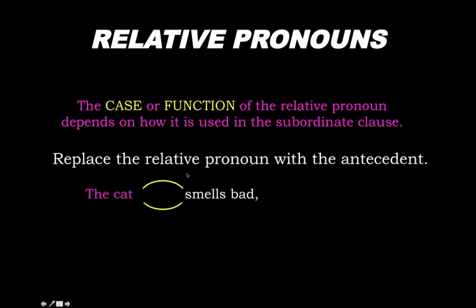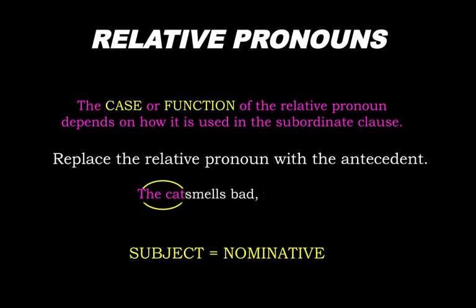So I'm going to take the cat, plug it in for which, and I have the cat smells bad. Well, once I replace which with the cat, the cat in this new sentence is working as my subject. So therefore, if I were to write this in Latin, which would have to be in the nominative case.